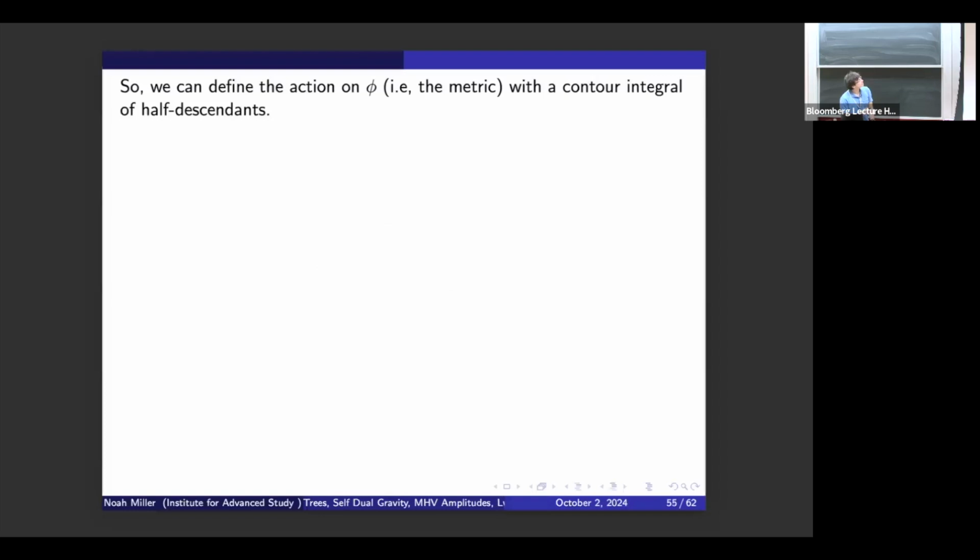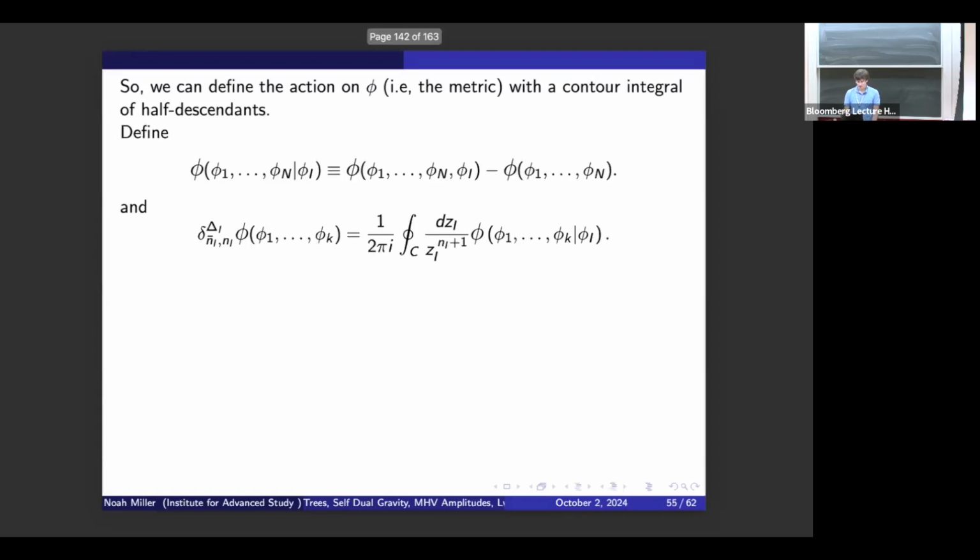Okay, so if we have a Klebanski scalar, with a bunch of these half descendant seed functions, we can define a linear perturbation to this metric by just adding in an extra seed function here.